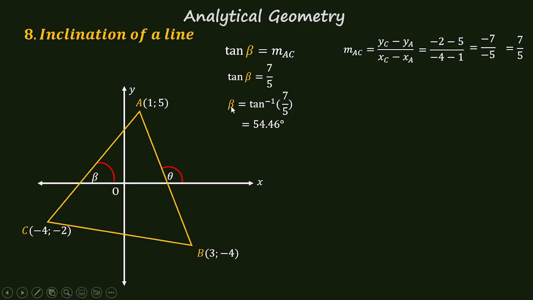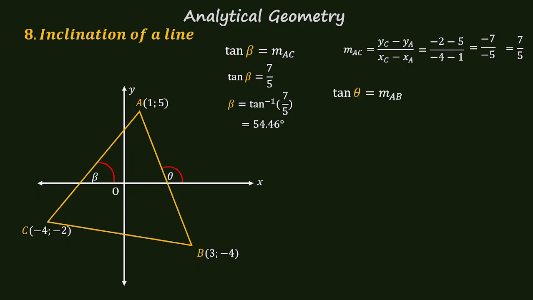So to find beta, we use the arctan of the gradient, and we find the size of the angle beta. So the angle beta, which is the angle of inclination of the straight line AC, is 54.46 degrees. That is the inclination of the line AC. Now let's find the inclination of the line AB.